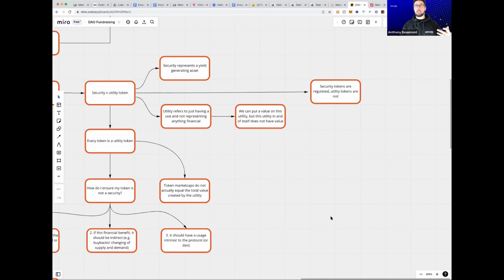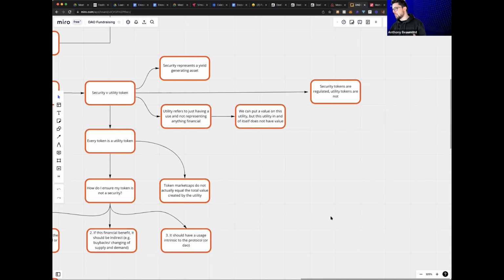The other way is the tokenomics that investors typically care about: how does this token make money? How does its use case make the token valuable? All of them come down to: is the protocol or the DAO useful, and does this token fulfill this use case?